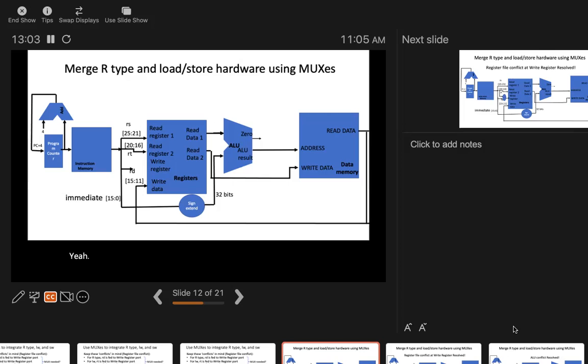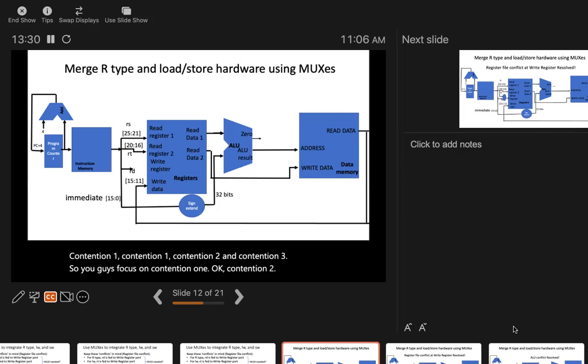So these are the three contentions. Contention 1, contention 2, and contention 3. So you guys focus on contention 1. You guys, contention 2.